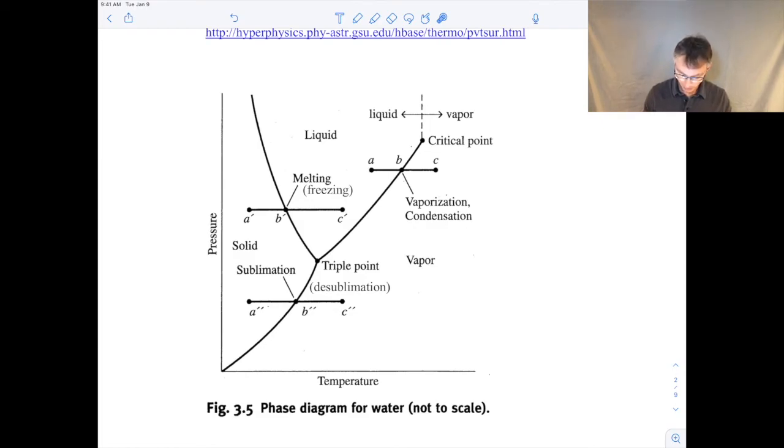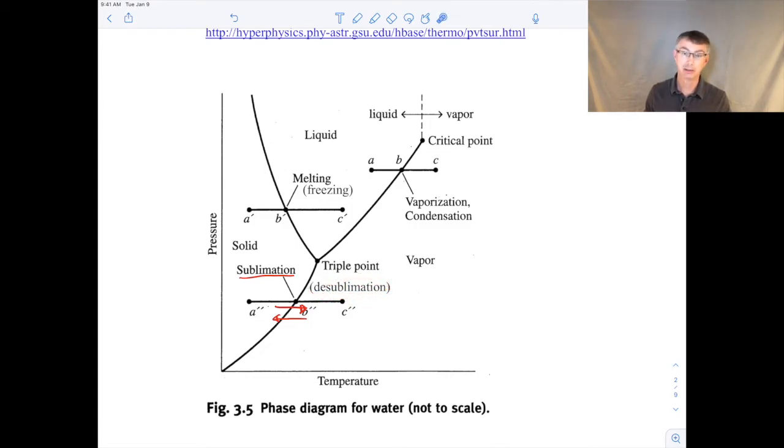And so you can see here's the solid region, the vapor region, and the liquid region. When you cross from a solid to a vapor, so going this direction, that's called sublimation. So you're going directly from a solid phase to a vapor phase. When you go the other direction, from a vapor to a solid, it's called desublimation.